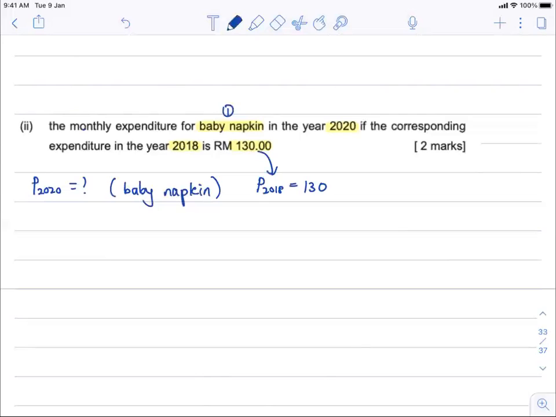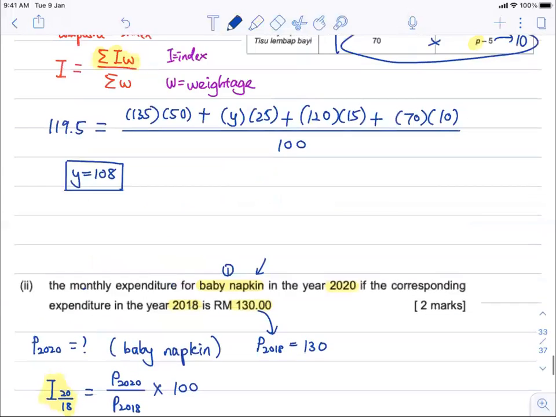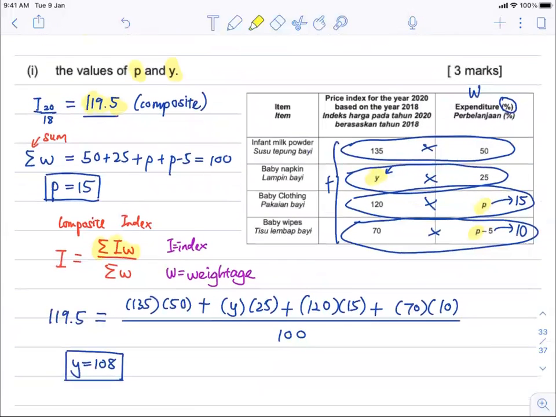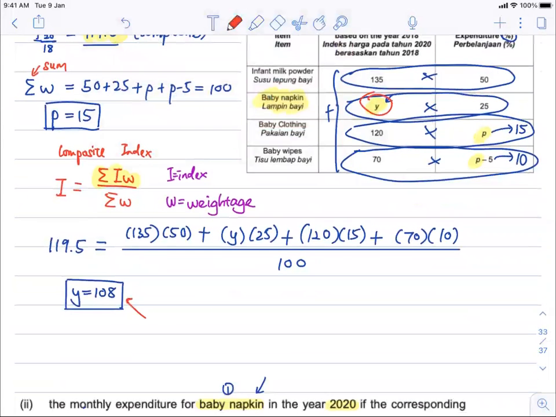So we can apply back the formula we have used just now. I 20 over 18 is equal to price 2020 divided by price 2018 multiplied by 100. So we need to get I 20 over 18 of the baby napkin from the table. So notice our table over here, baby napkin. The index is Y. So Y is 108.